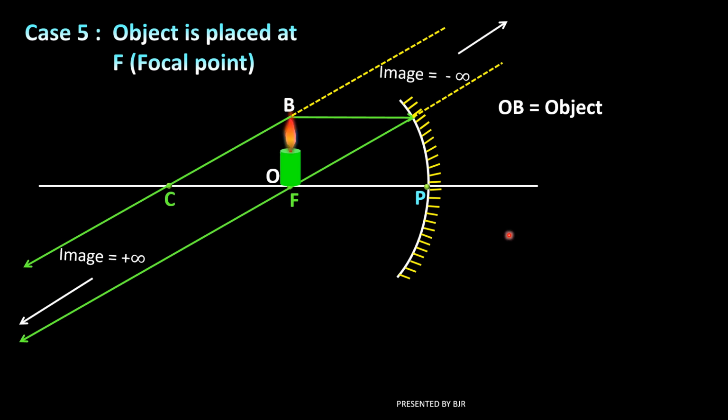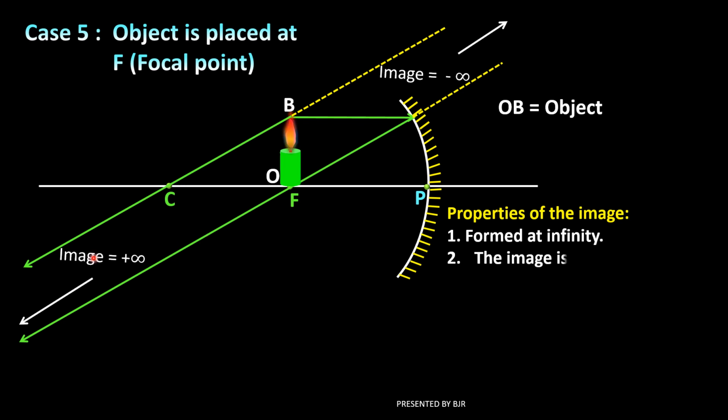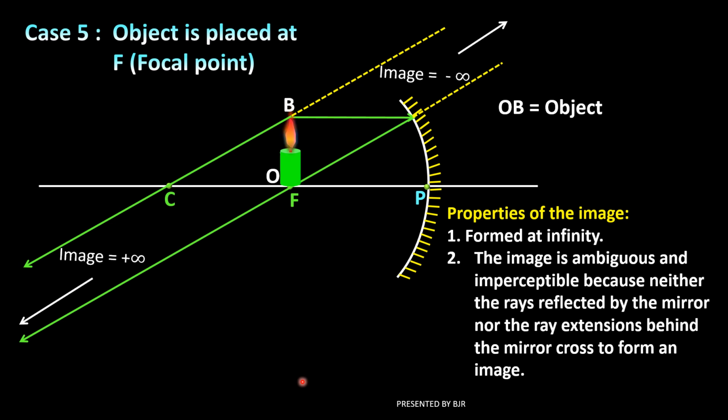So the image may be formed this side at infinity or this side at infinity. Okay, so that's why it is ambiguous. Ambiguous means unclear. Let us write the properties of the image formed here. Formed at infinity, it can be formed either this side or this side.